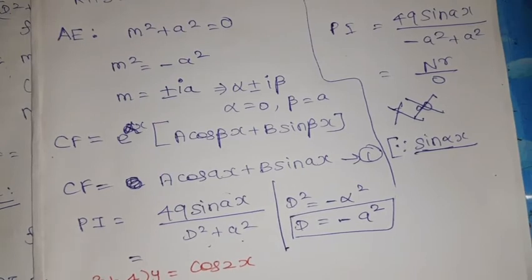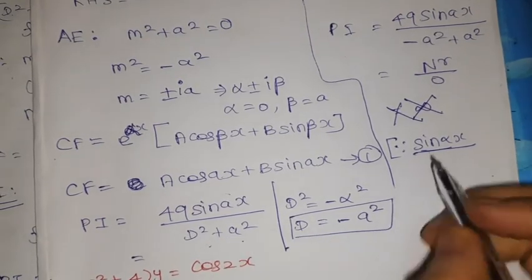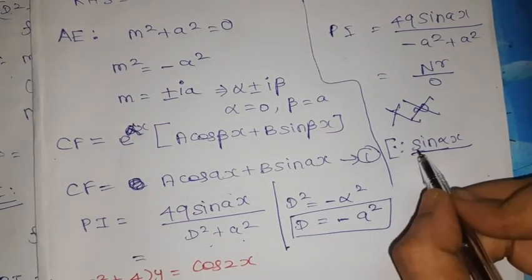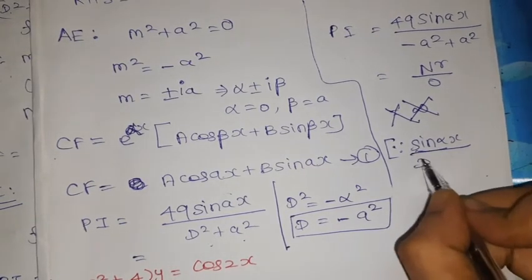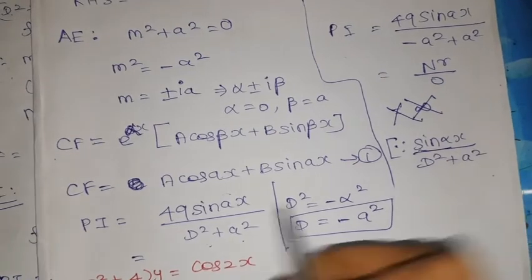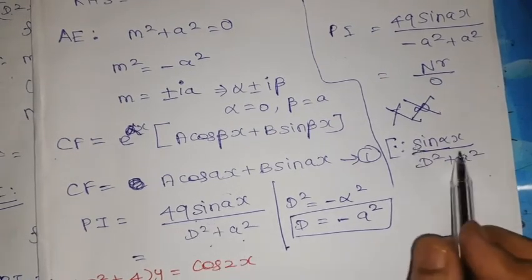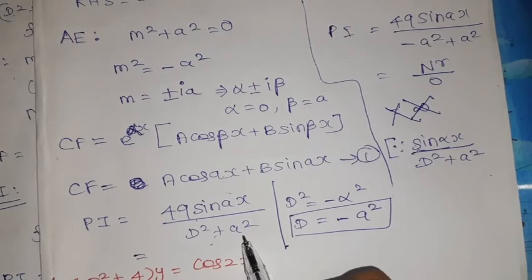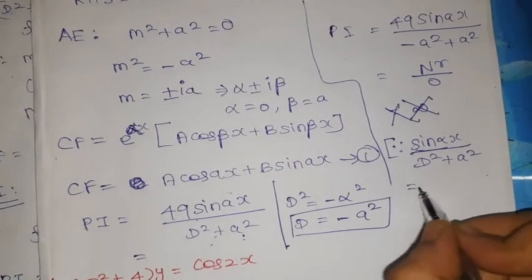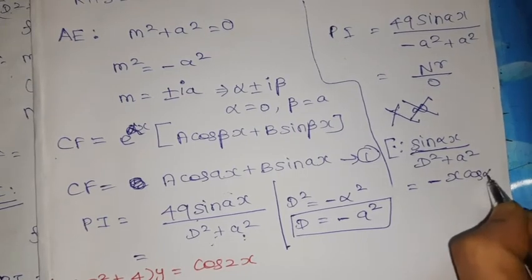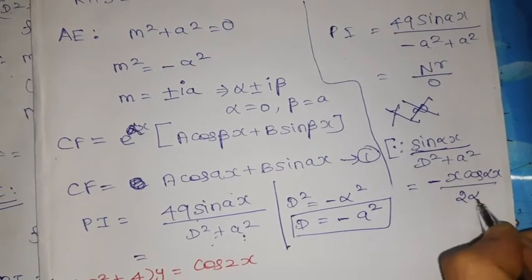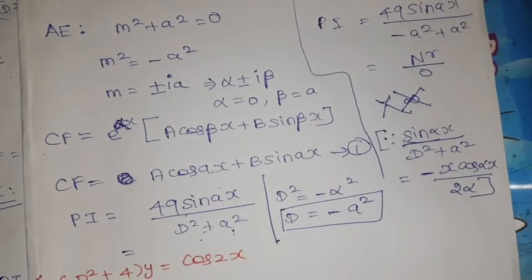First, the derivative is minus x cos alpha x divided by 2 alpha.